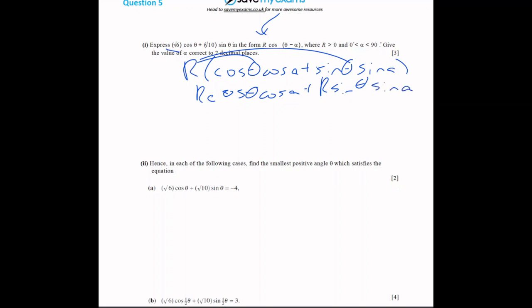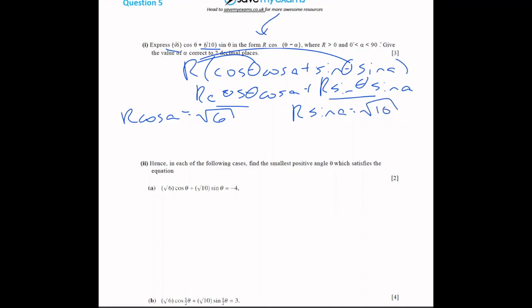And then I have my square root 6 in front of my cosine. R cosine alpha equals square root 6. And then I have square root 10. Here's my sine theta. R sine alpha equals square root 10.